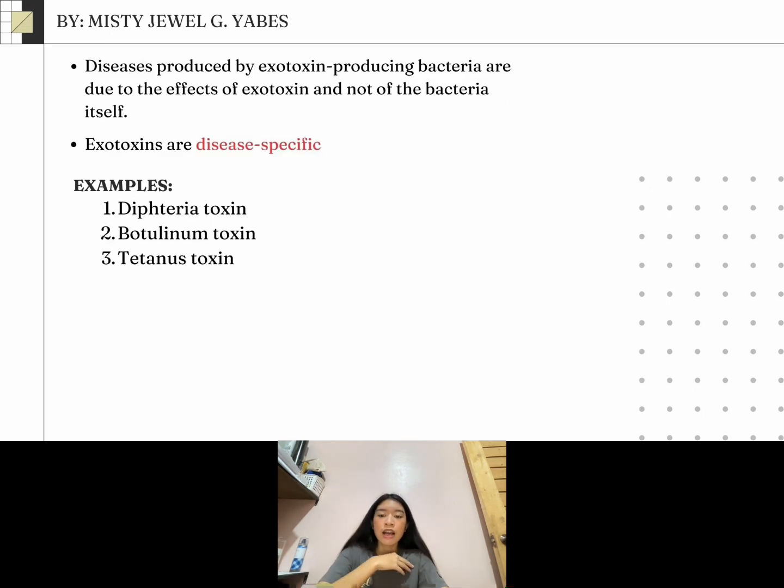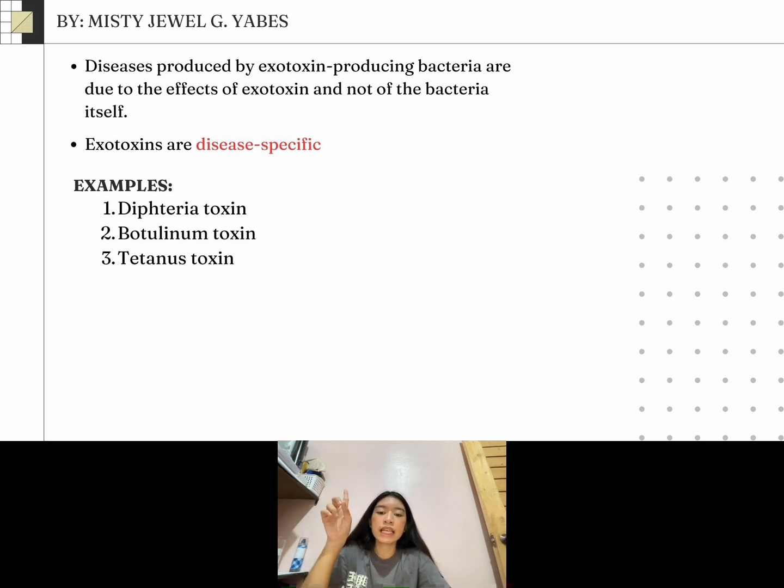So next, under pa rin to sa ating exotoxins, yung mga disease na naiproproduce ng ating exotoxin-producing bacteria are due to the effects of exotoxin itself and not of the bacteria. So, exotoxins are disease-specific. So, meron tayong tatlong types ng exotoxin.